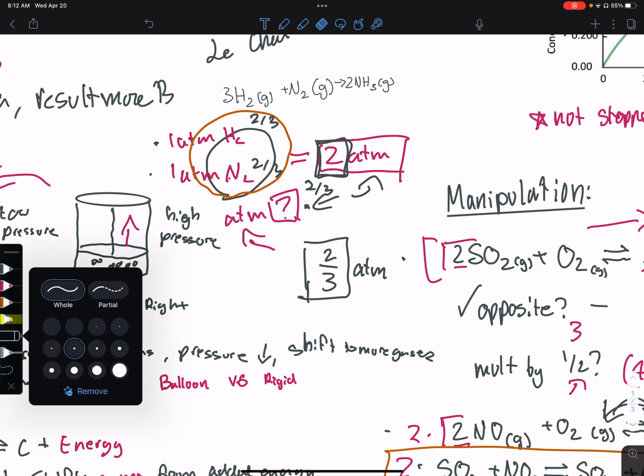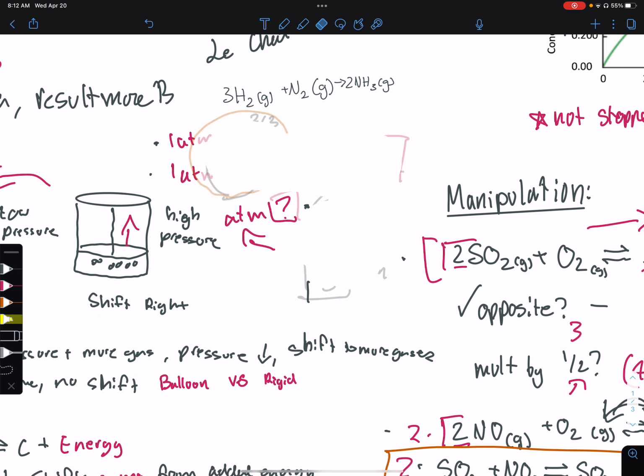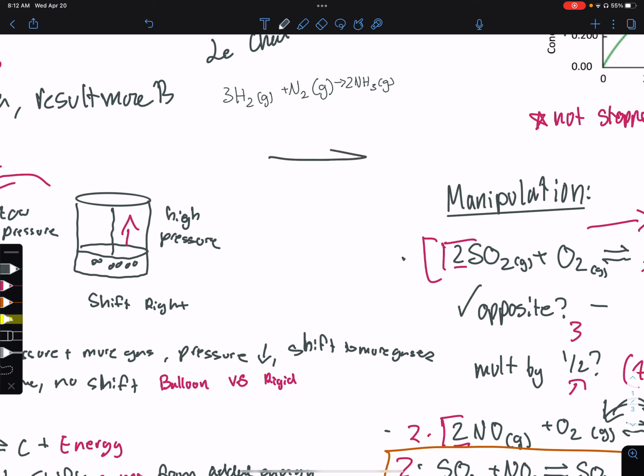If we kept it in a rigid container, which means not a balloon, and we added our H2, our N2, and our mystery gas too, this would actually increase the total ATM from 2 to 3 because there's more pressure.